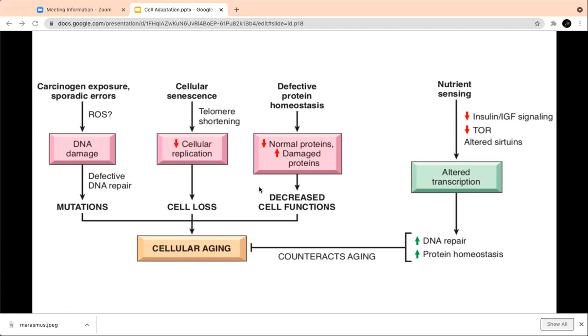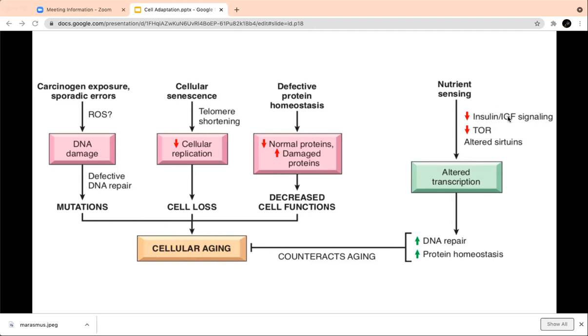So decreased cell functions kasi proteins constitute pa din ng mga intracellular components ng cells natin. Therefore, decrease yung cell functions natin, cellular aging. Okay, and with nutrient sensing, decrease yung insulin IGF signaling, decrease ang TOR and altered yung sirtuins, altered transcription, increase DNA repair, increase protein synthesis, will counteract your aging.